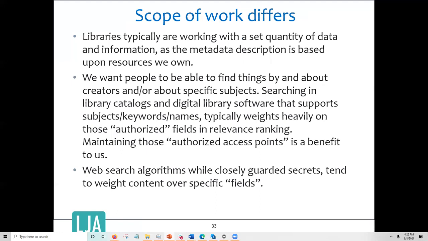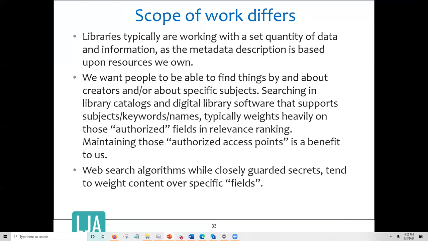And I think one of our other advantages is that our scope of work differs dramatically from the larger web. We usually have a set quantity of data and information, and the metadata description is really based upon the resources we own or collect. So it's getting to that sense of inventory control.